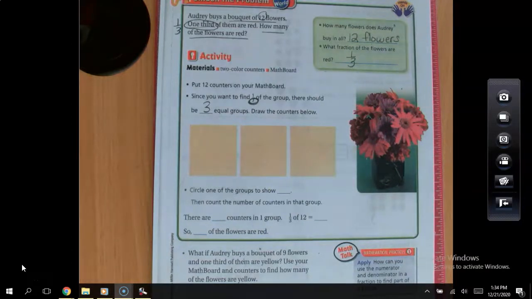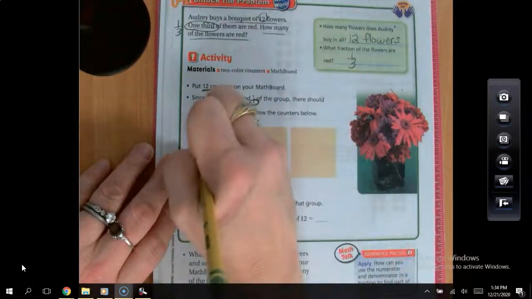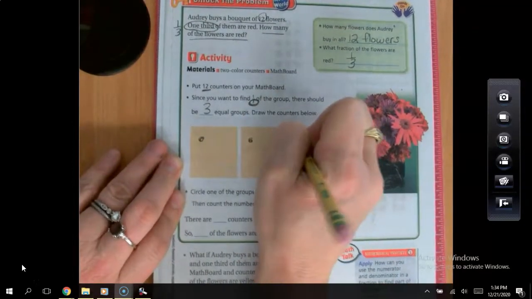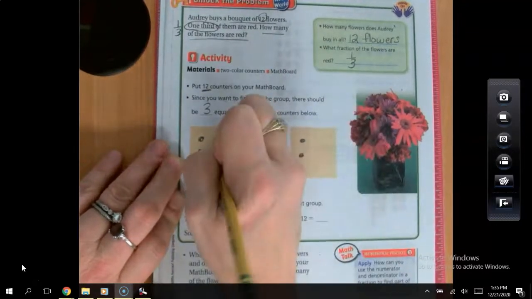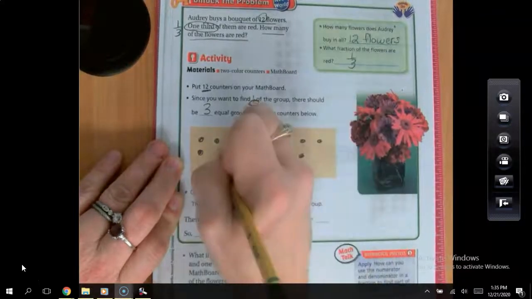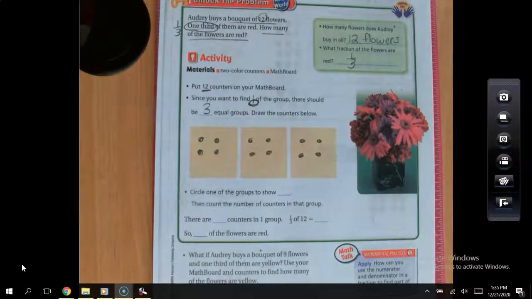Now, we are going to put 1 counter in each group until we get to our 12 flowers. So let's go ahead and do that. 1, 2, 3, 4, 5, 6, 7, 8, 9, 10, 11, 12. I'm finished. I'm up to 12.